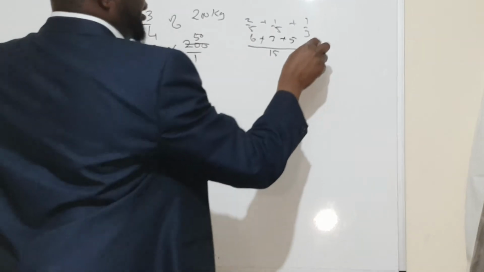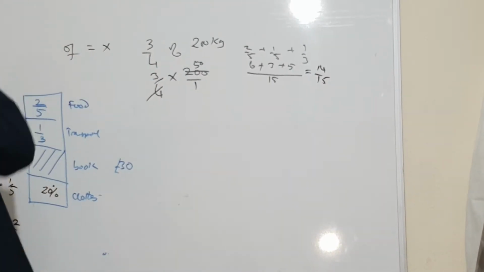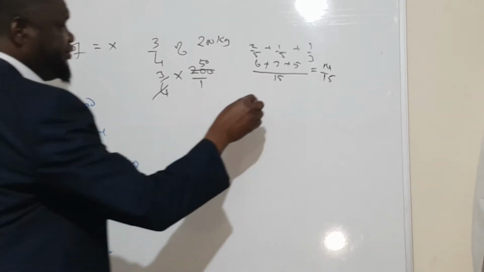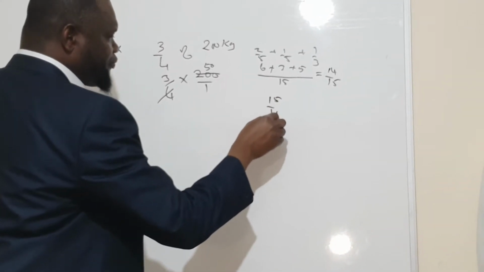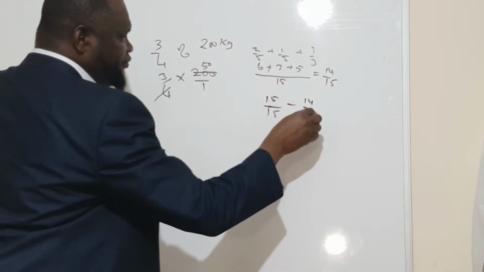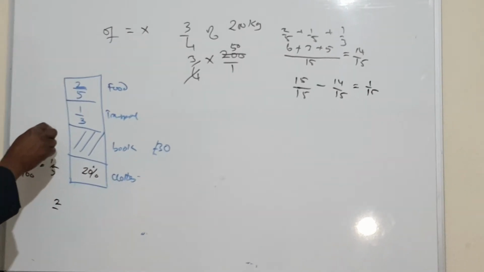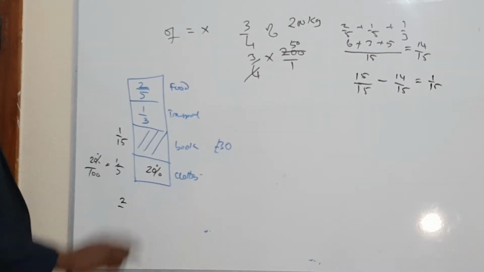That's 14/15. Therefore, you assume that the whole amount he went with was 15/15. The amount he spent is 14/15, which leaves 1/15. So basically, the amount spent on books was 1/15.